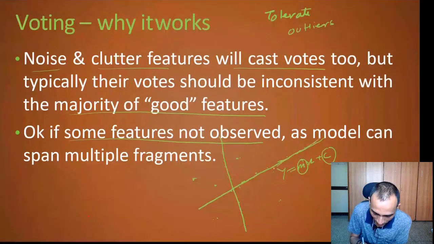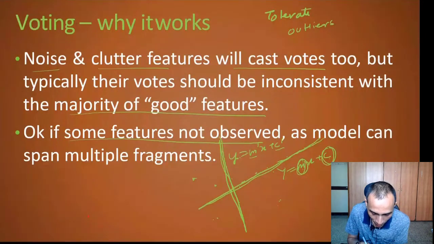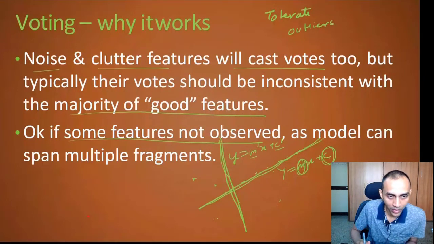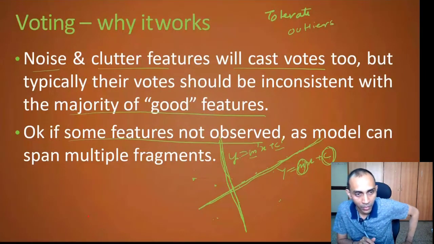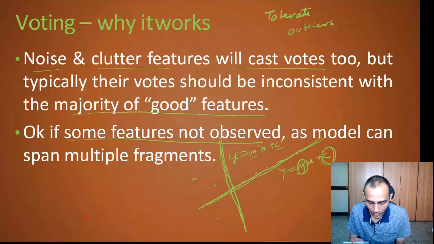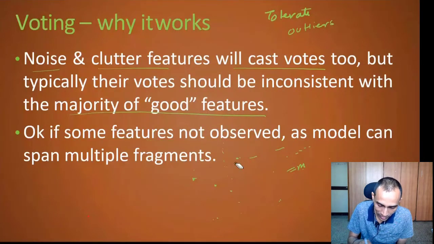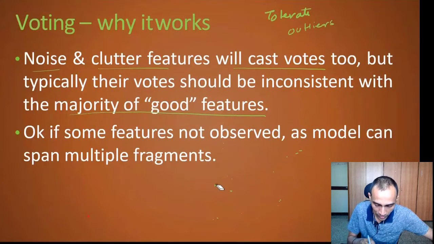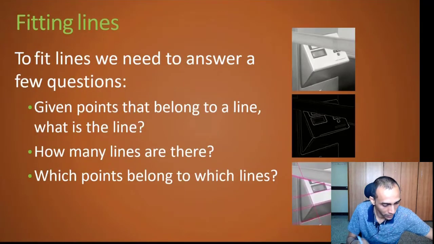Let us say the lines are y = m'x + c' and y = mx + c. The points which cast votes for m and c, and those which cast votes for m' and c', will accumulate and become a significant amount, whereas other things will become almost negligible. So let me go through this implementation, and I think it will become more clear. But I think you have got the major understanding.